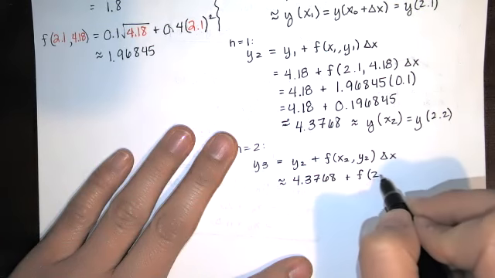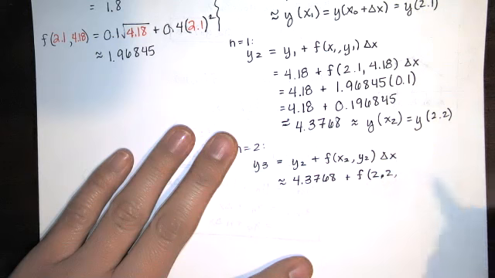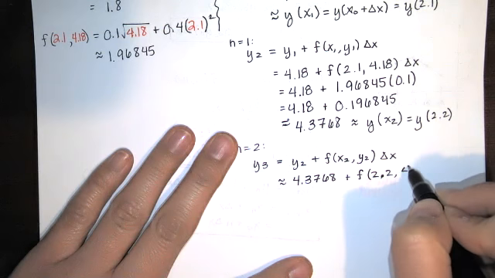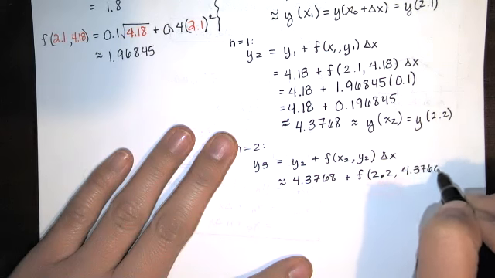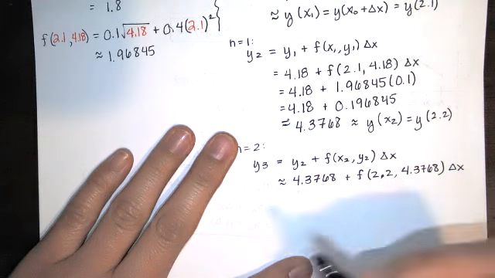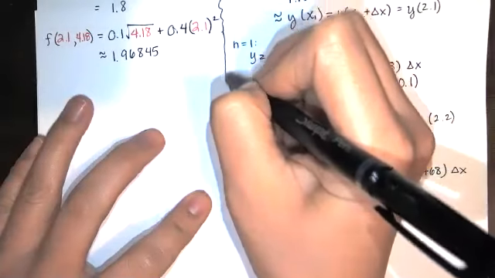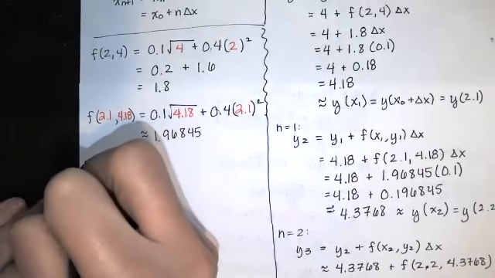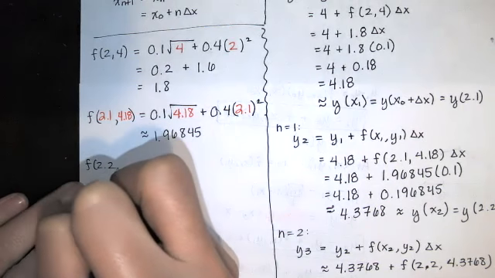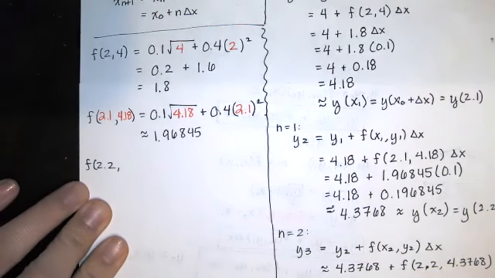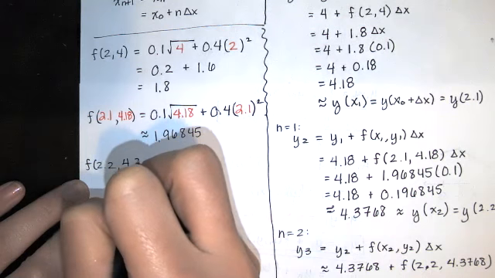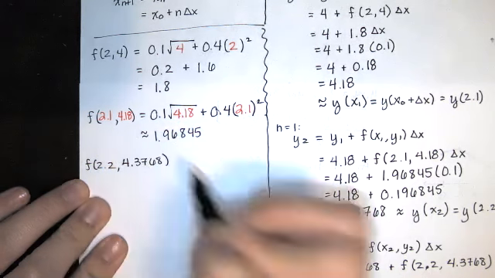The last x value was 2.2. The last y value was that 4.3768. You're going to multiply by delta x, and then you're going to add all of that together. So we'll do all of this over here. We'll evaluate our slope function at x equals 2.2, y equals 4.3768.